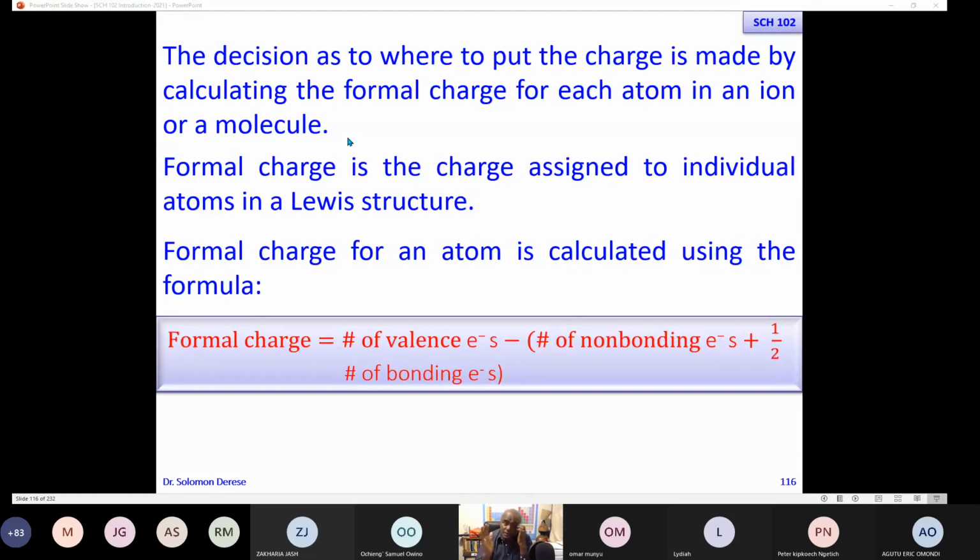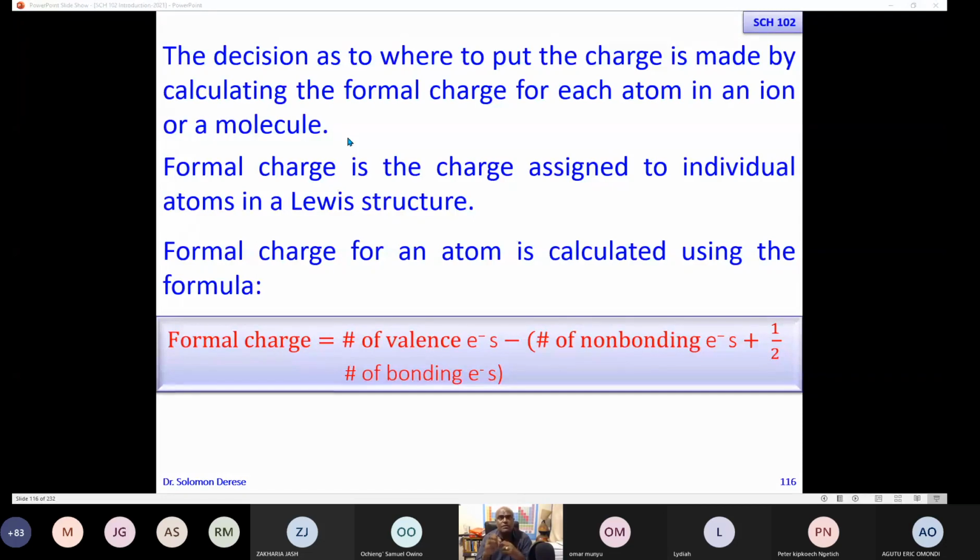For example, carbon has 4 electrons in its valence shell. When you look around the carbon, if it has used 4 of them, 4 minus 4, it will be 0.